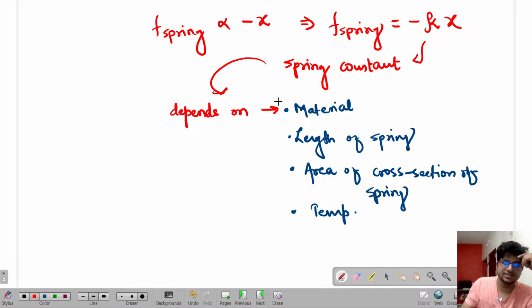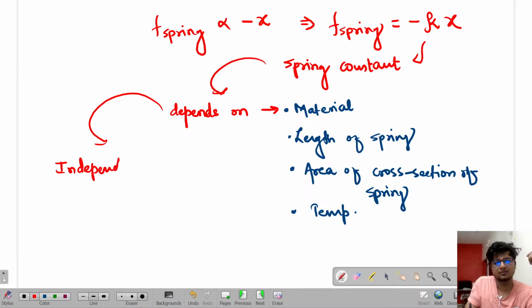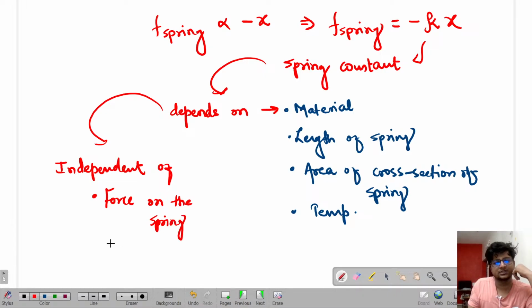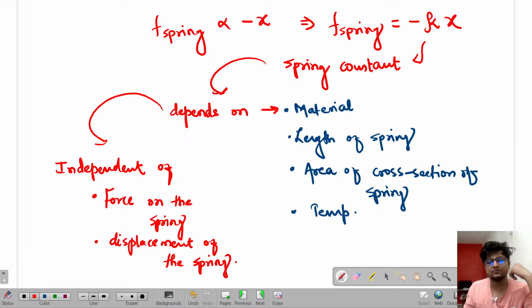Although you can see that this is present in the formula of F of spring, but this is independent of force on the spring, and second point, displacement of the spring. Is that clear or not?